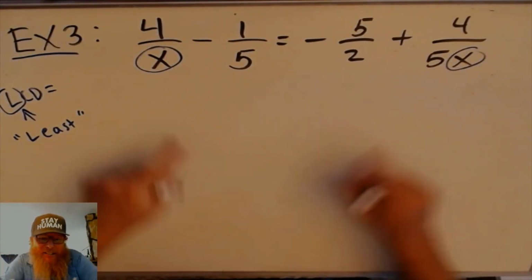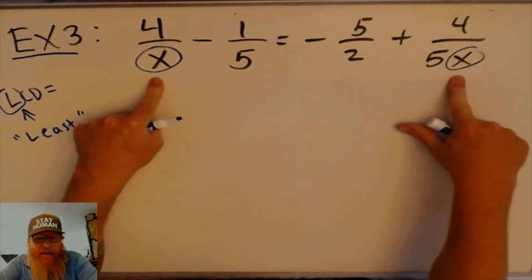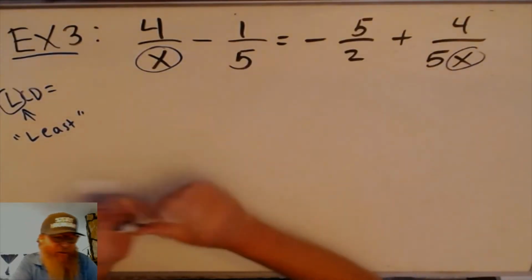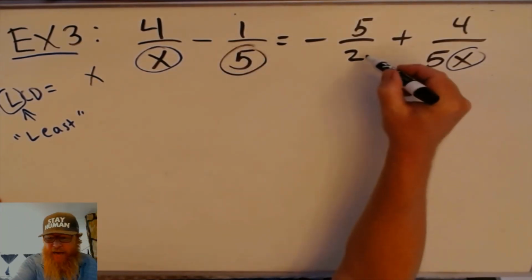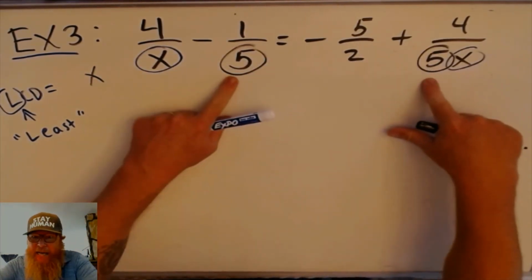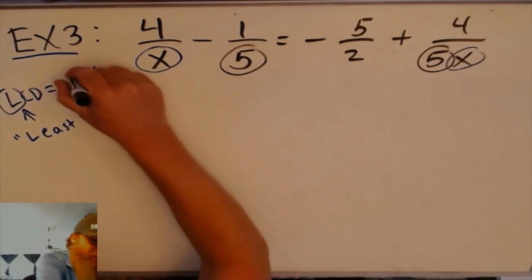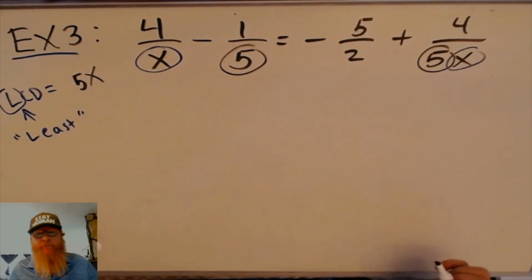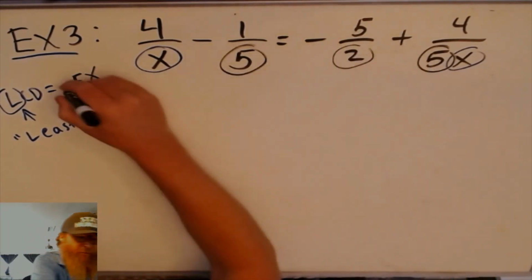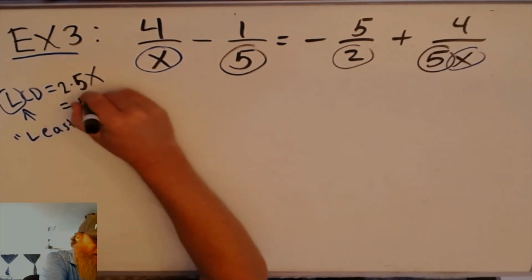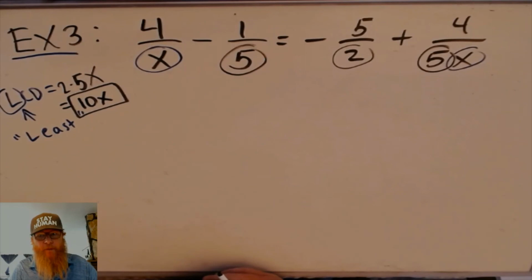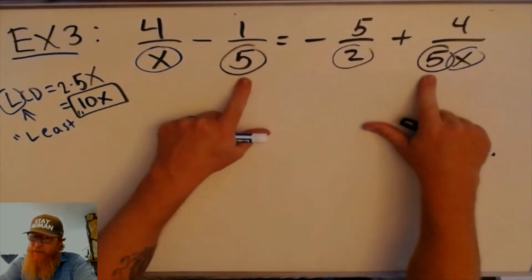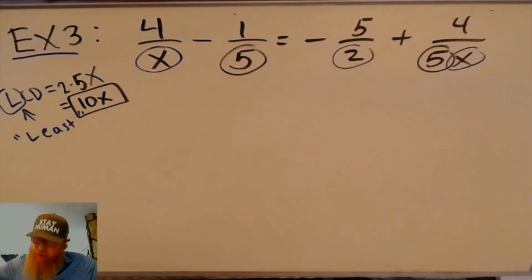So the least common factor of x and x is x. You also have a 5 and another 5, but again, the least is just 5. I like to put it in order. And then you have a 2. So your LCD is 10x. You do not need to multiply 5 times 5 and get 25. That would be too big. That would not be the least.